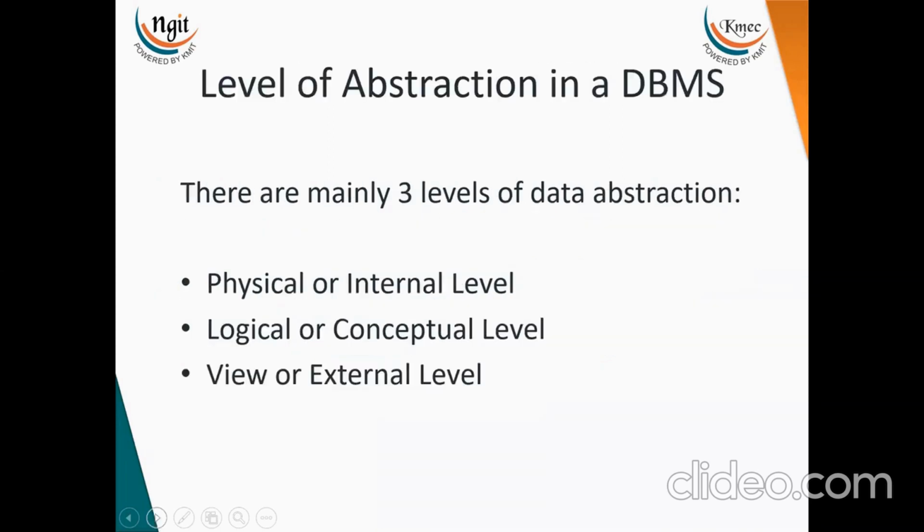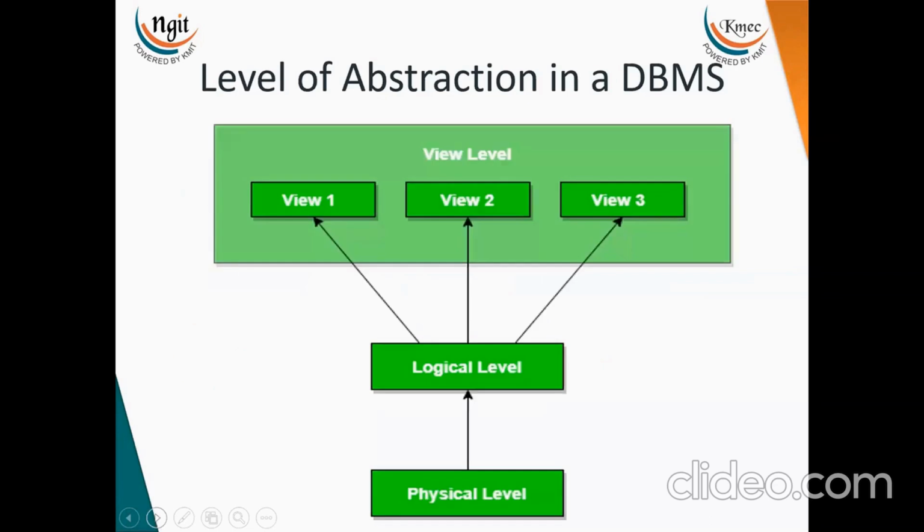Abstraction is categorized under three different levels: physical level, which is also known as internal level, logical or conceptual level, view or external level. Let us see one by one. This is a pictorial representation of abstraction in database management system.